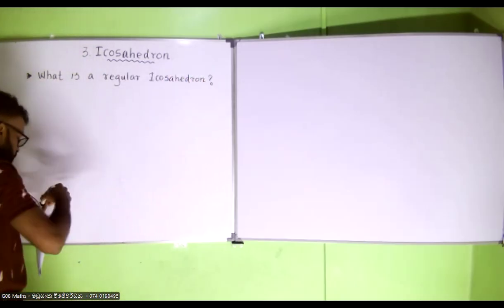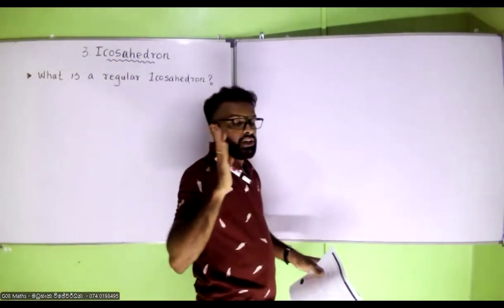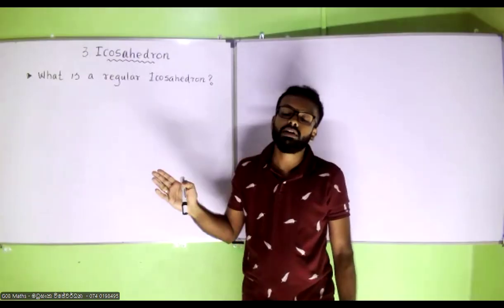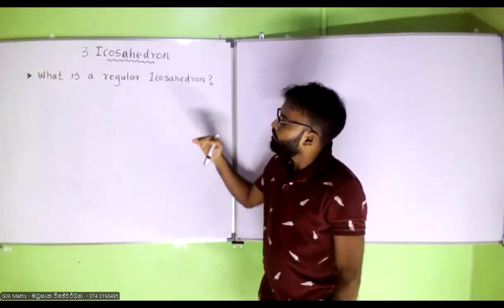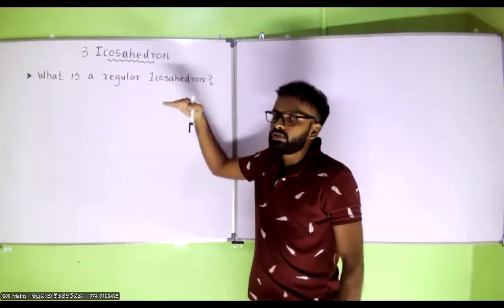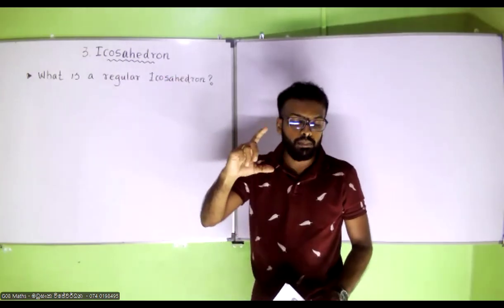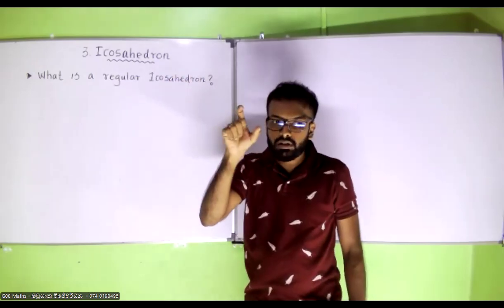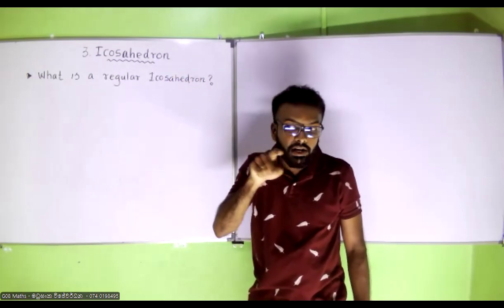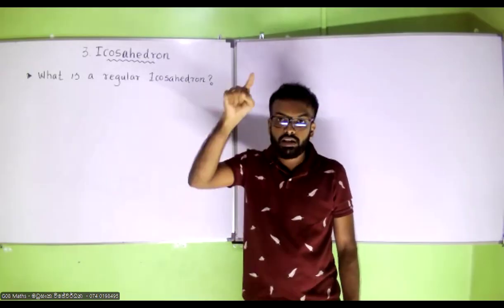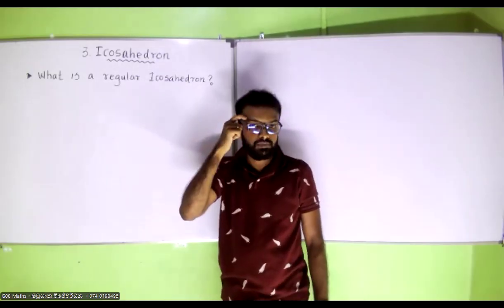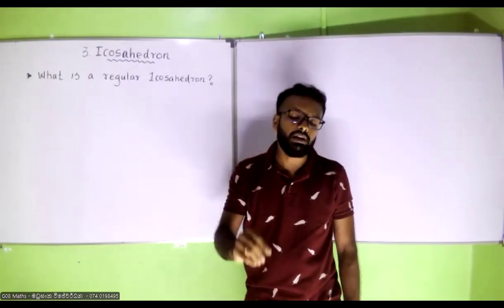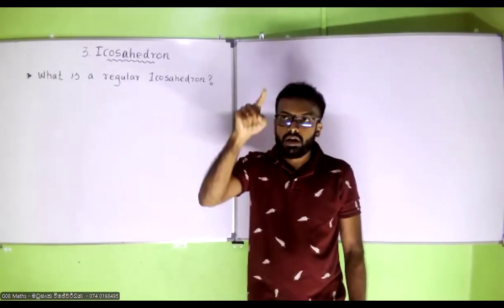Last week we did the same thing for the octagon and the dodecahedron. When it comes to the icosahedron, you need to remember that the solid has equilateral triangular faces. Keep that in your mind.